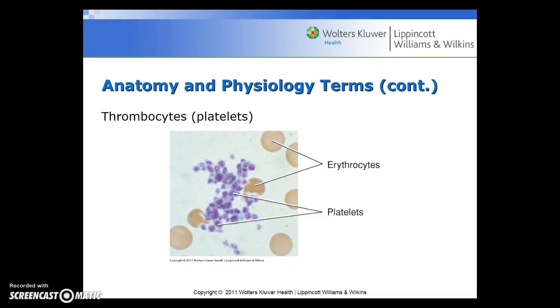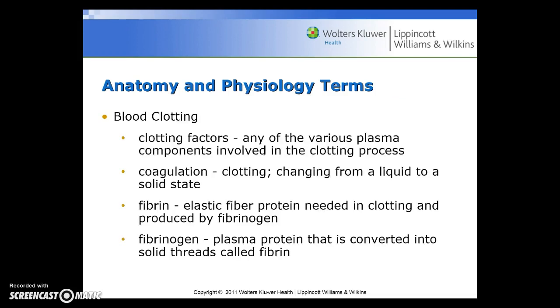Here's a picture of thrombocytes, or platelets, and you can see the platelets in the purple and the erythrocytes. Blood clotting, still on anatomy and physiology terms. Clotting factors refer to any of the various plasma components involved in the clotting process.